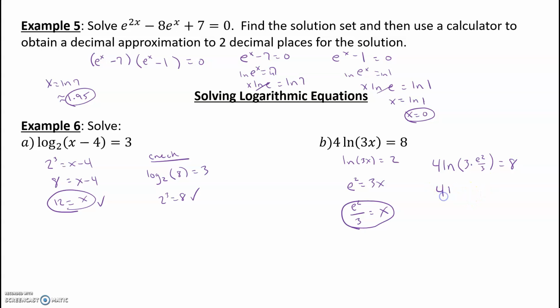So we've got 4 natural log, those cancel, of e squared has to equal 8. Natural log of e squared, e to what power gets me e squared? E to the second. And 4 times 2 does equal 8, so that is an answer. So always double check these.